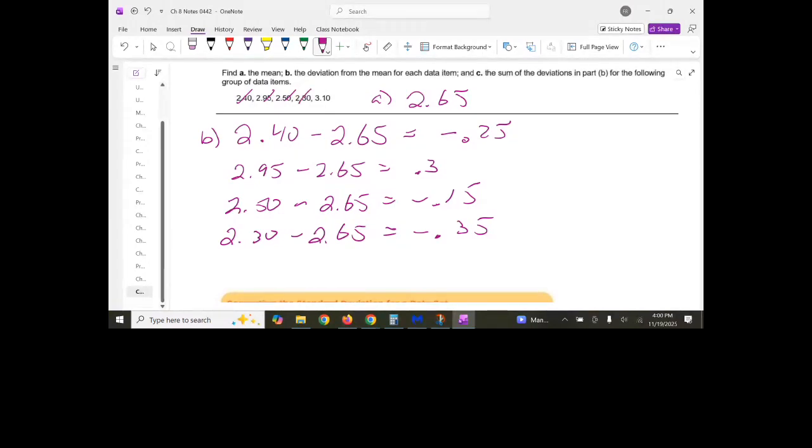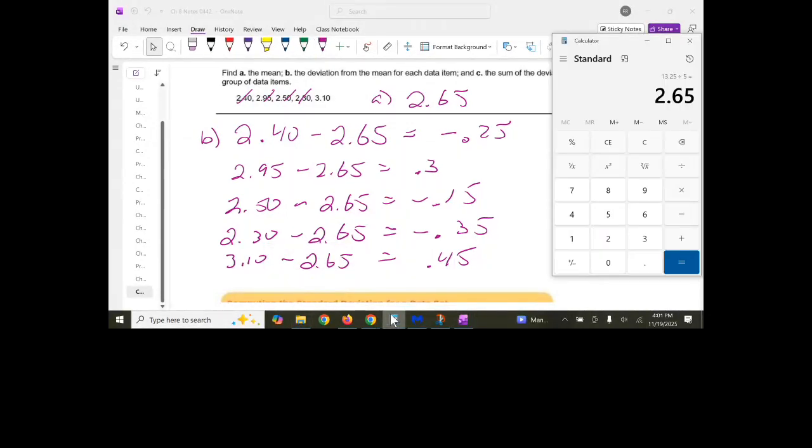And then finally, 3.10 minus 2.65, positive 0.45. And y'all, unless I made a mistake, they should add up to 0.